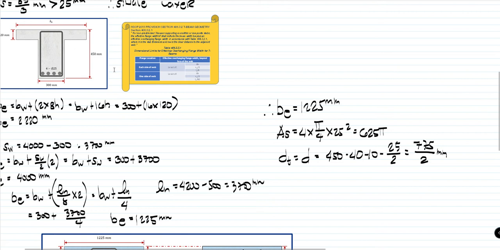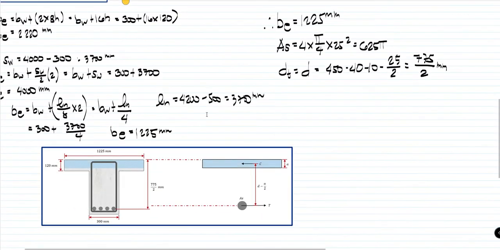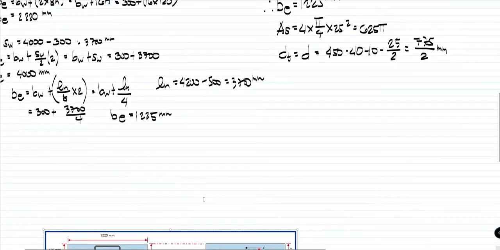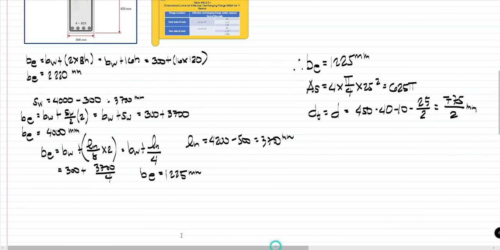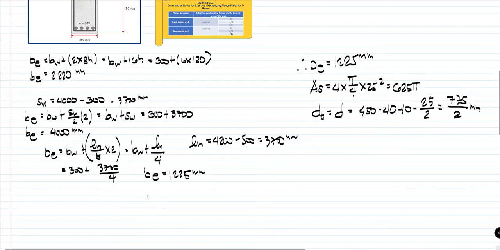So, yan ngayon yung mga properties na kakailanganin pa natin for our analysis. So, ngayon, the next one will be kailangan nating i-consider yung part nung area ng concrete kung saan papatak or saan mapupunta yung depth of compression block natin.